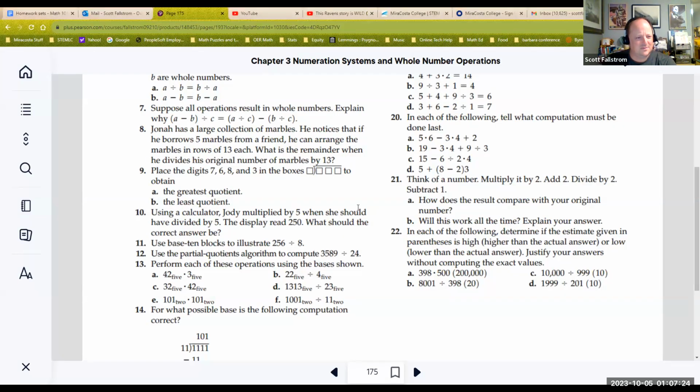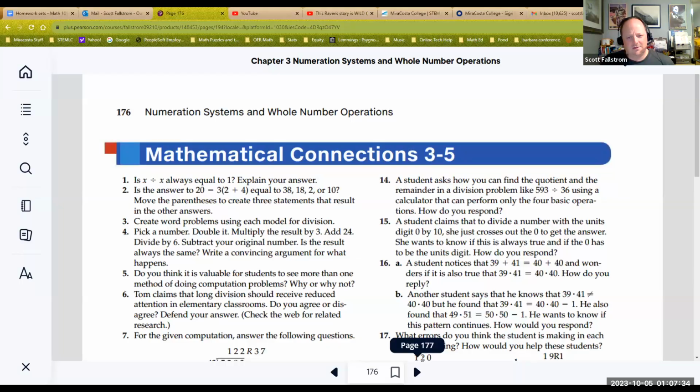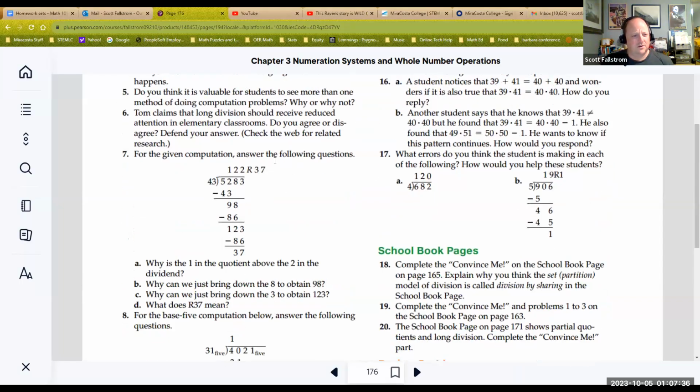Okay. Let's see here. Oh, looks like these might be MC. Okay, MC7. All right, let me jump to it here. I think that's what it is. MC number 7. Oh, okay, here we go. For the given computation, answer the following questions. Why is the 1 in the quotient above the 2 in the dividend?